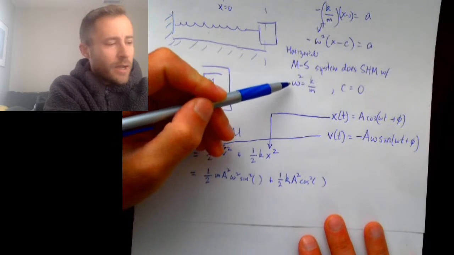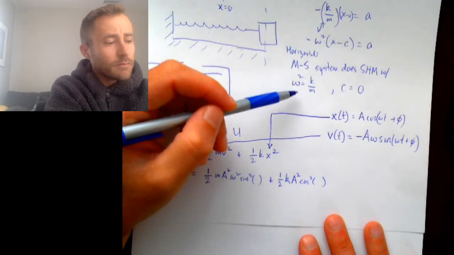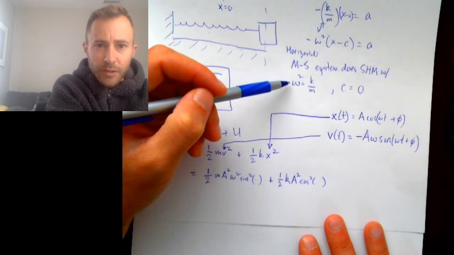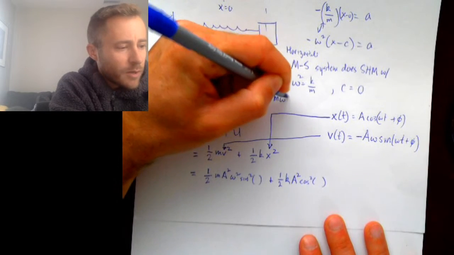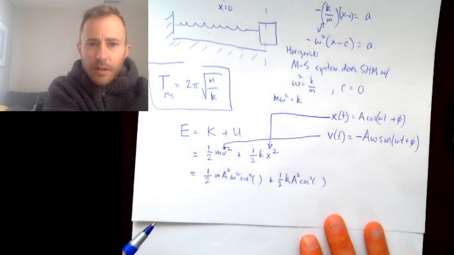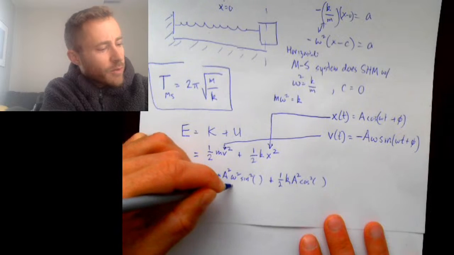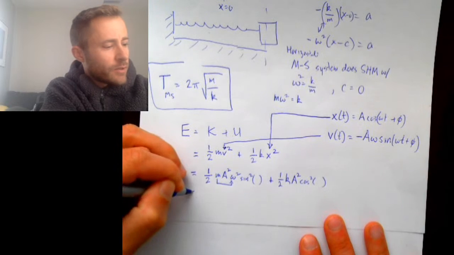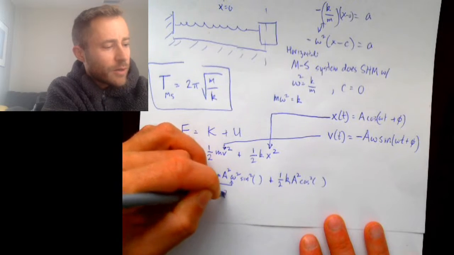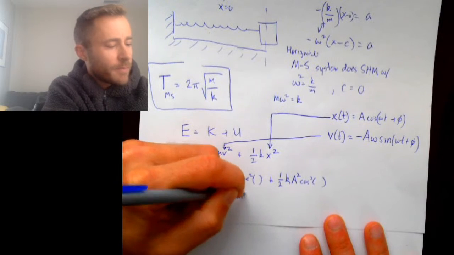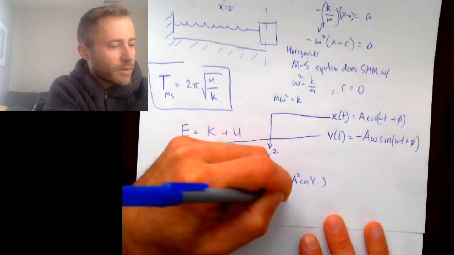If we take this definition of omega squared and multiply both sides by m, we get m omega squared equals k. So if we look at this, see how I have m omega squared right here? So this is actually going to be 1/2 k a squared sine squared plus 1/2 k a squared cosine squared.